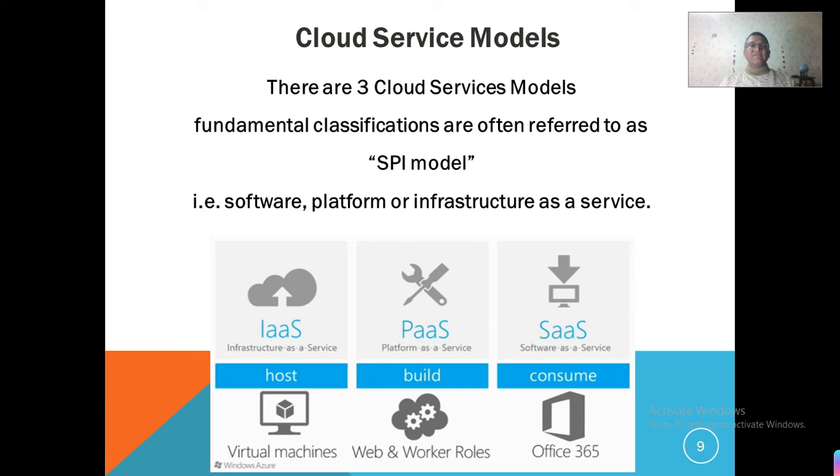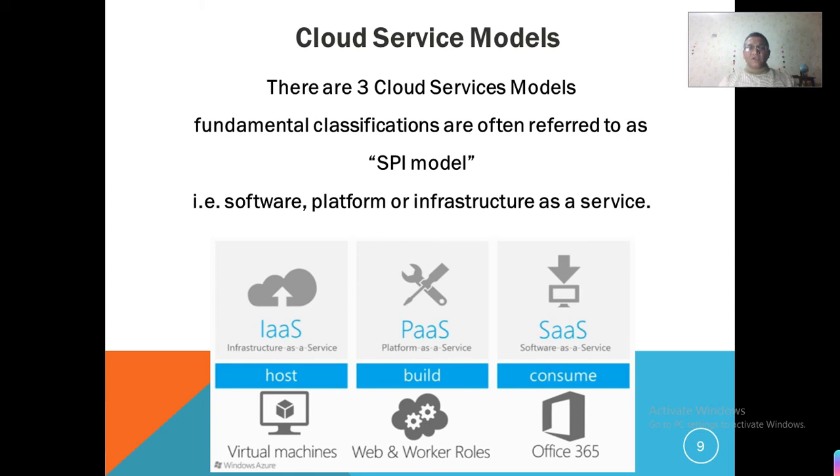PaaS is for the persons called developers. The developers, the programmers, are the persons handling PaaS. SaaS can be anyone, any user who just wants to use the services and get their work done.